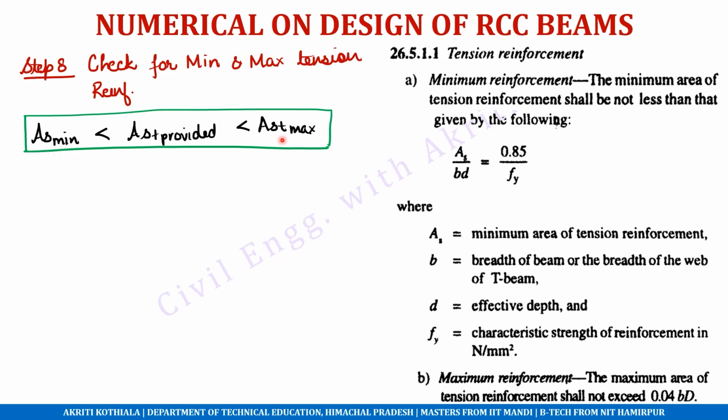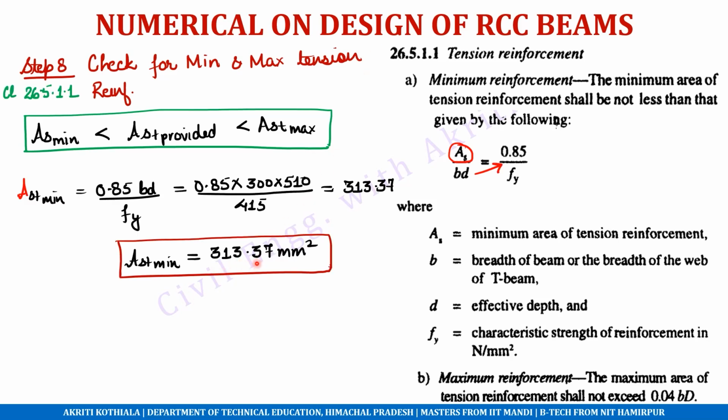We will be calculating AST minimum and AST maximum using clause 26.5.1.1 of IS 456. So AST minimum is given by the formula AST minimum upon BD is equal to 0.85 upon FY. Because we want to calculate the value of AST minimum, we can just cross multiply and calculate the value of AST minimum: 313.37 mm square. So this is the value of AST minimum.